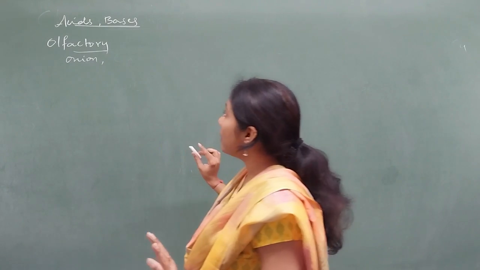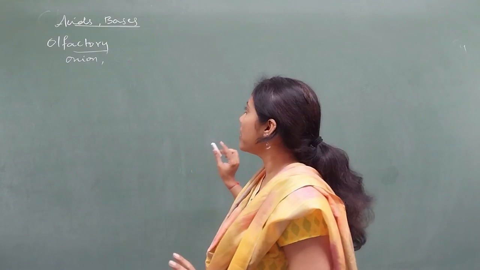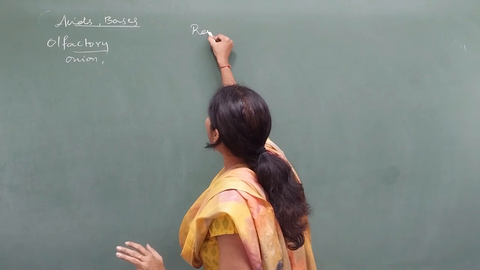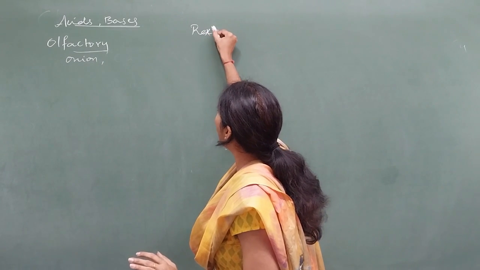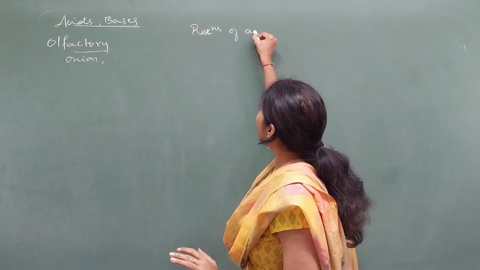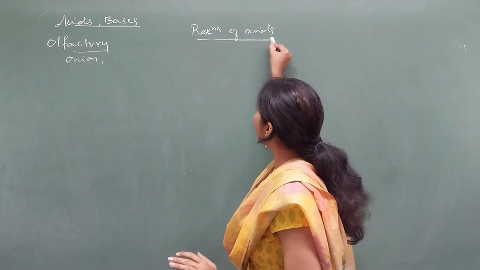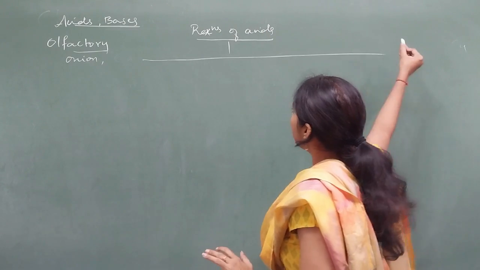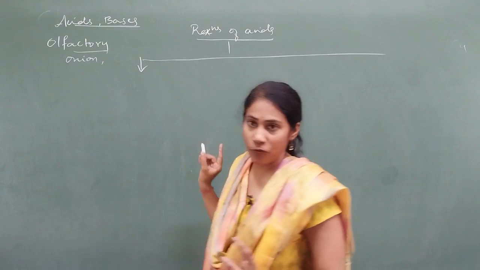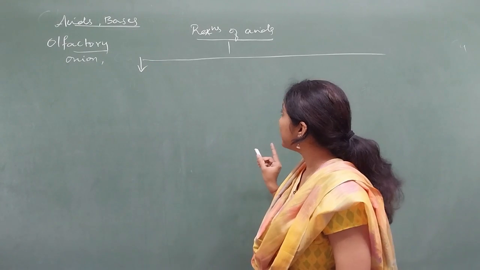The most interesting part of this chapter is the reactions of acids. All the reactions of acids you have to revise carefully. Let me explain that in the form of a flowchart so that you can easily remember.